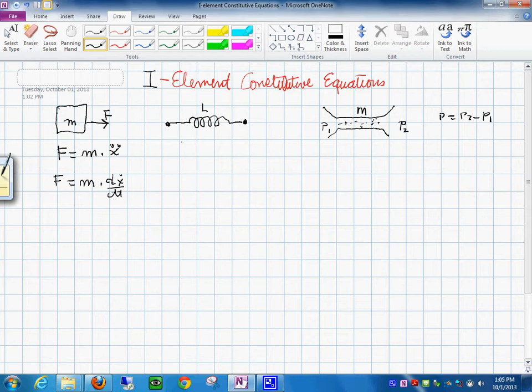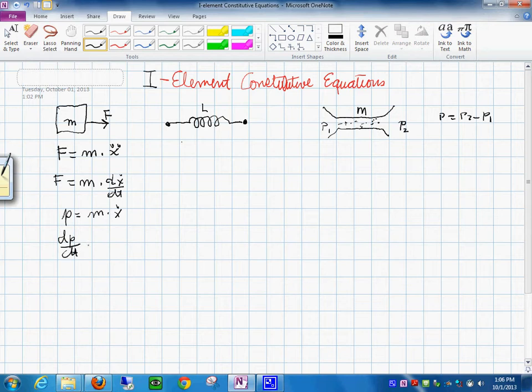And if you define the momentum p as m times x dot, what is dp dt?